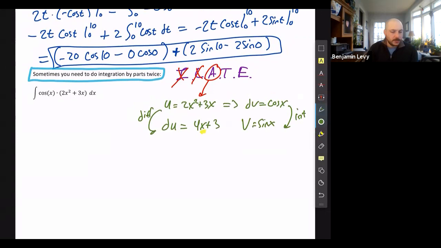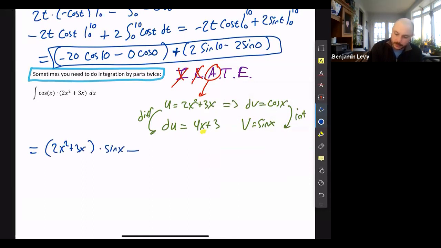So when we do uv minus integral v du, here's what it looks like, and you'll see that there's an issue here.